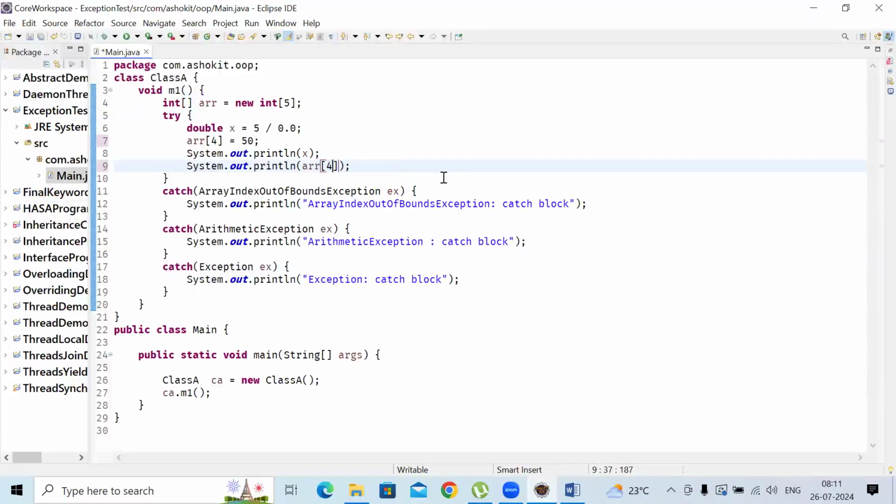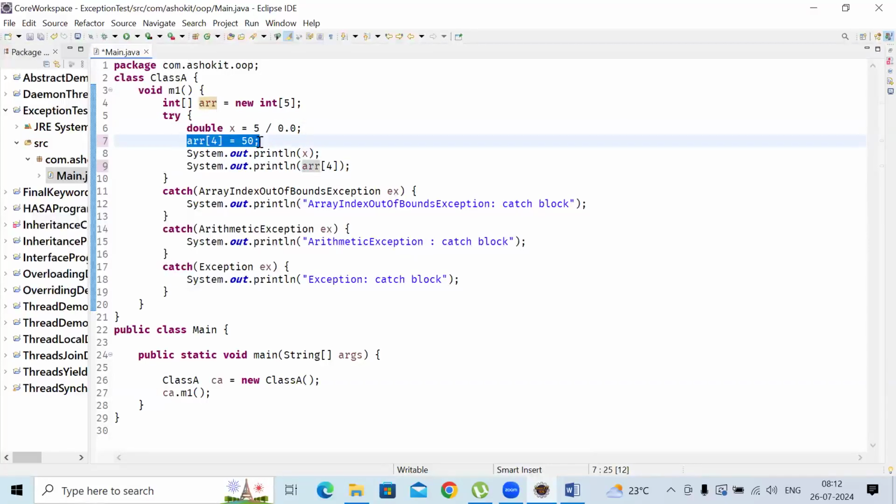Do you find any exception in this try block as per your knowledge? No, because this statement is correct.